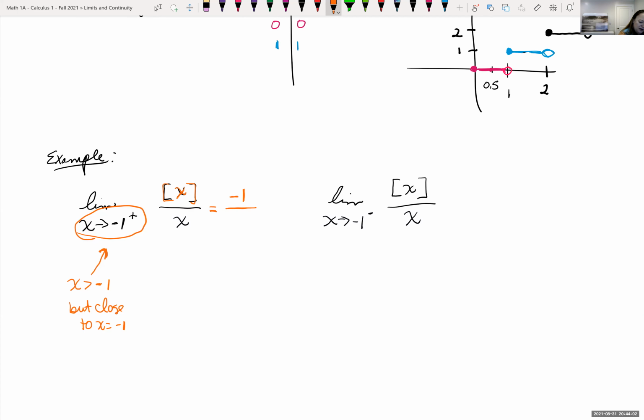And so if I'm plugging in numbers close to -1, it's going to give me this x value. Let's pause.